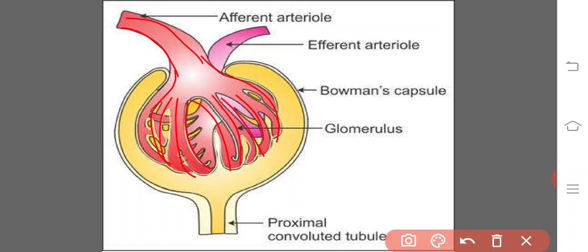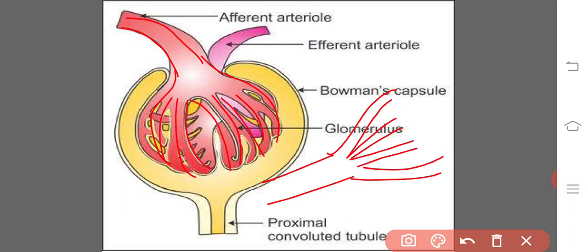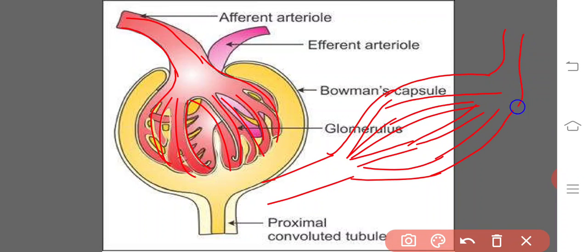For example, this is the afferent renal artery and it is divided into small capillaries, and all these capillaries again fuse to form another vessel which is known as the efferent arteriole.